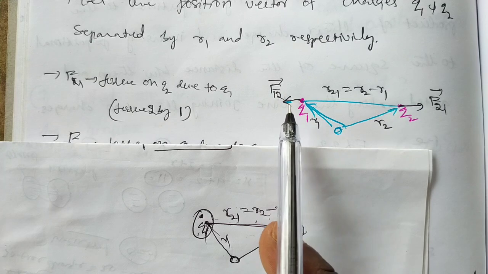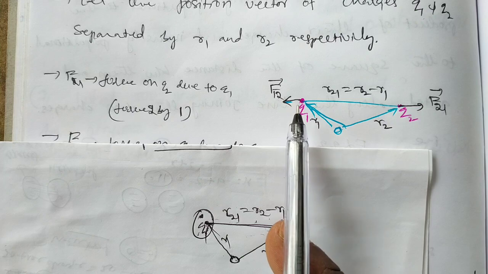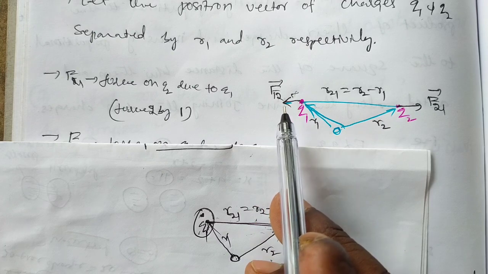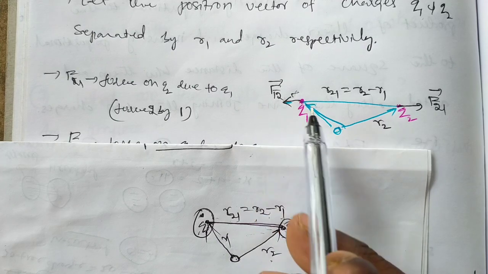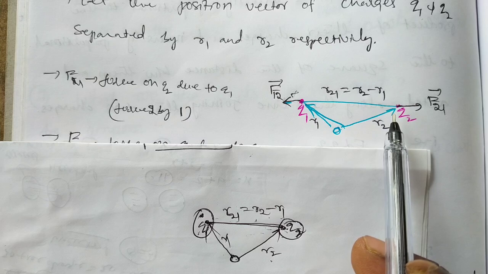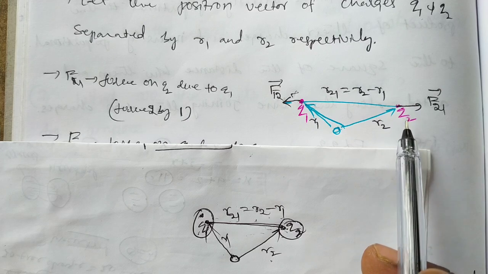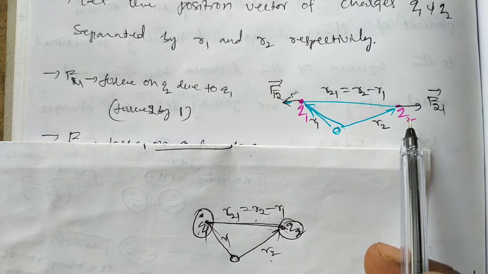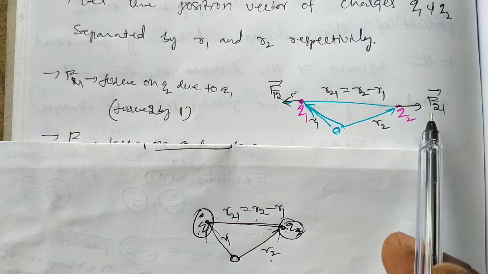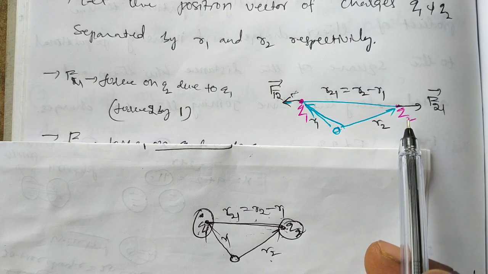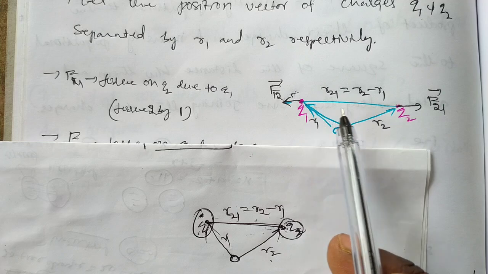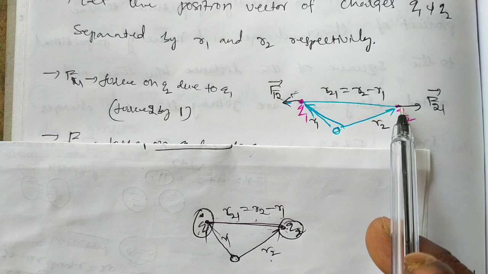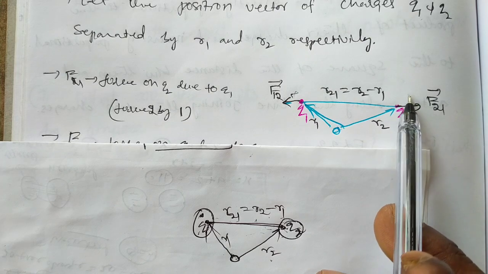It is a repulsive force, for like positive charges, directed this way. Similarly F21 is the force on charge Q2 due to Q1, directed this side.